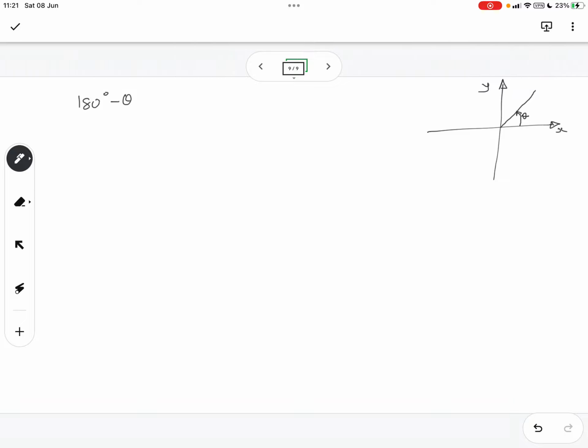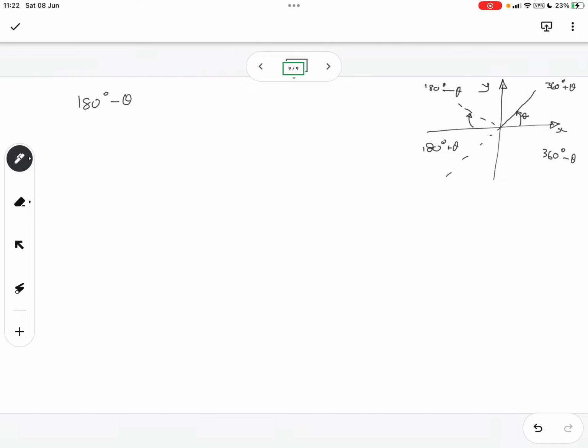So we're going to start with 180 degrees minus theta on our Cartesian plane. There's x, there's y. This can be our angle. If we have 180 degrees and we subtract an angle of the same magnitude as theta, then we are somewhere here in this quadrant.